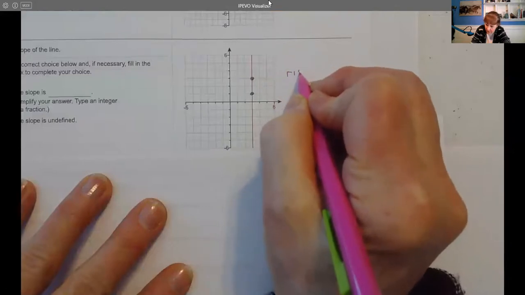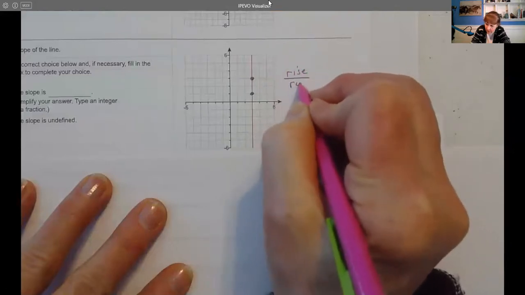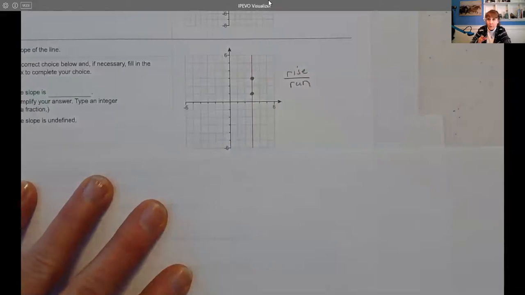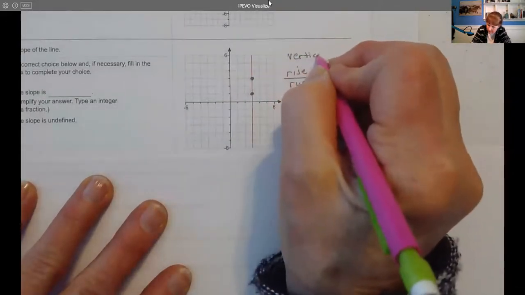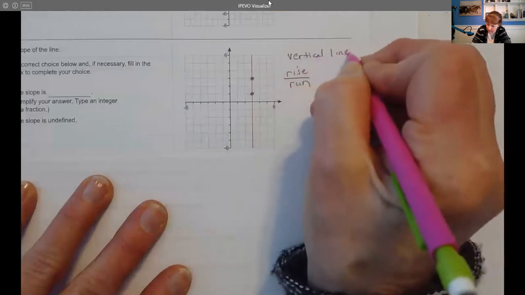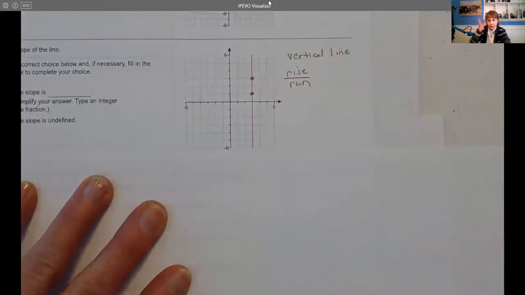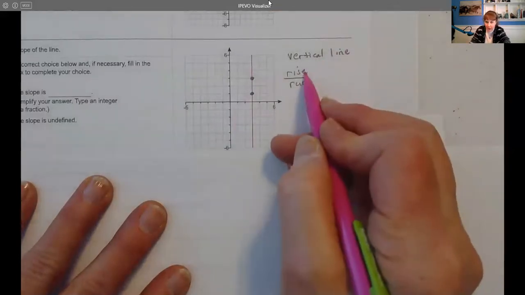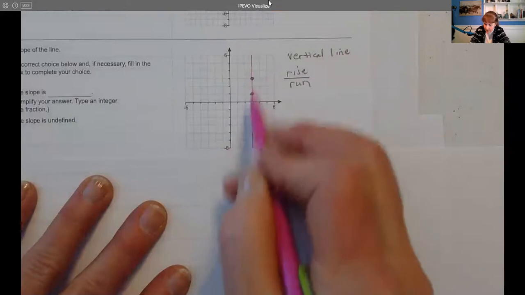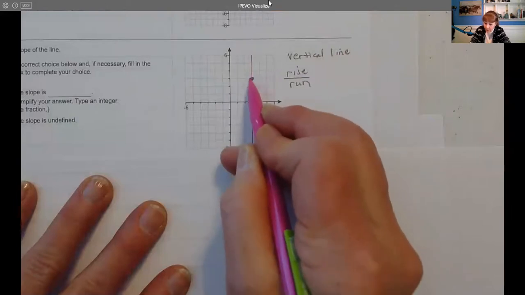So here, what is the slope? Well, we'll take our rise over our run. And once we've done this, you'll know what the slope is of any vertical line. Vertical lines are straight up and down, and horizontal lines are flat. So let's look at the rise. How far up are we going from this point to this point? Well, we're going to go up 1, 2.